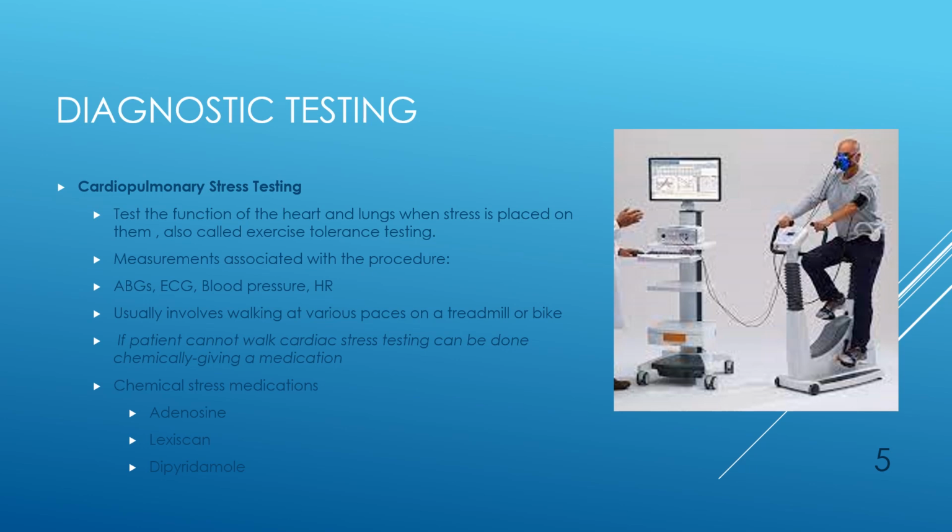Basically, there are certain chemicals that stress the heart, such as adenosine, Lexiscan, and a third one. So just understand that you should know the names of these medications, and you should realize that sometimes they want to do a stress test, but the patient can't do it for some reason, and that's why you have to do a chemically induced stress test, and these are the drugs that they would offer.